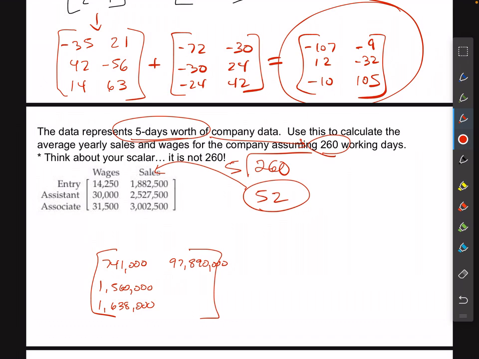Didn't quite make my matrix big enough. 131,430,000, and then 156,130,000.